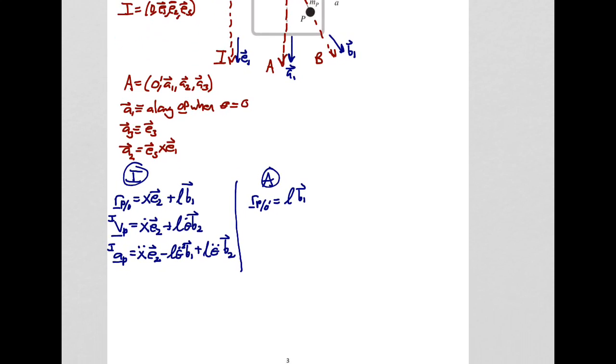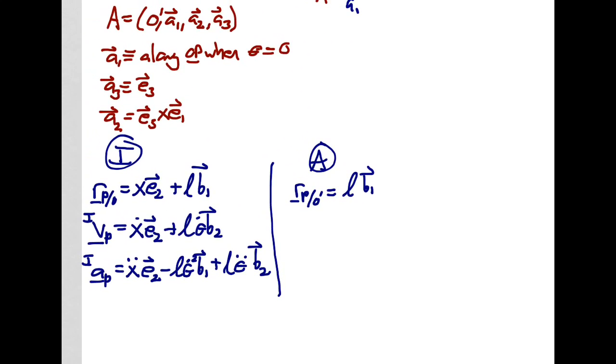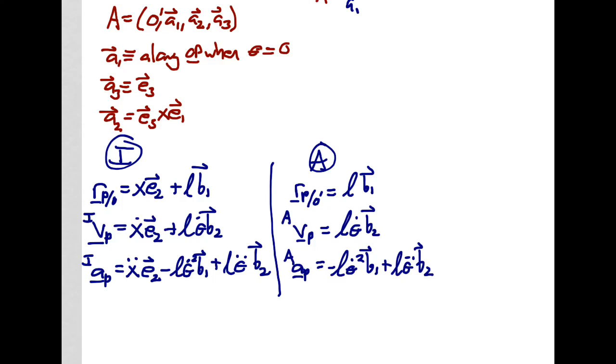That's the only part of that we take in reference frame A. And then our velocity of point P observed in the A reference frame is equal to L theta dot B2, and then our acceleration of point P as observed in the reference frame A is equal to minus L theta dot squared in the B1 direction plus L theta double dot in the B2 direction.